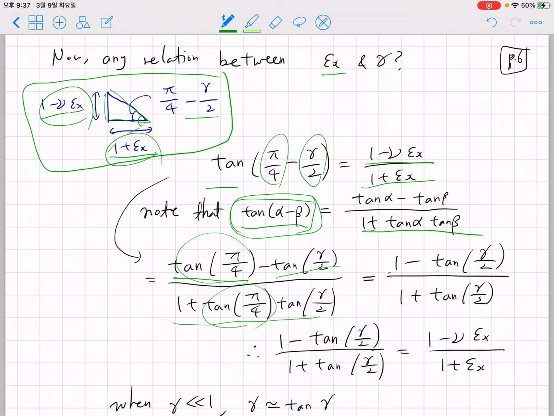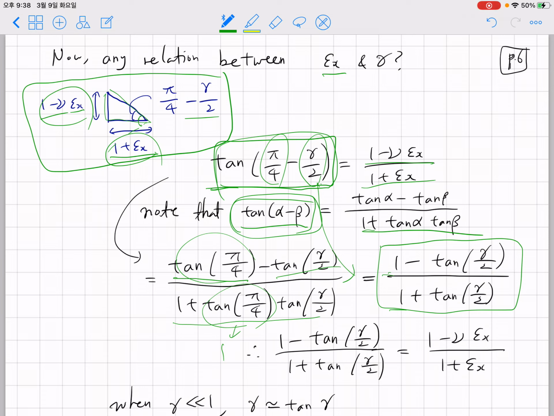You put 1 here and 1 here, so you have 1 minus tangent gamma over 2, and in the denominator 1 plus tangent gamma over 2. This is how you can make the relationship for tangent of pi over 4 minus gamma over 2 simpler.